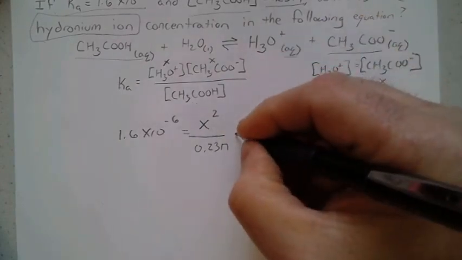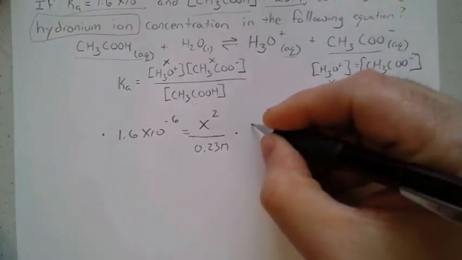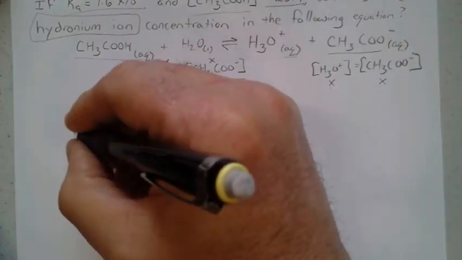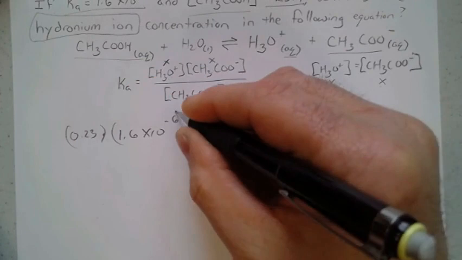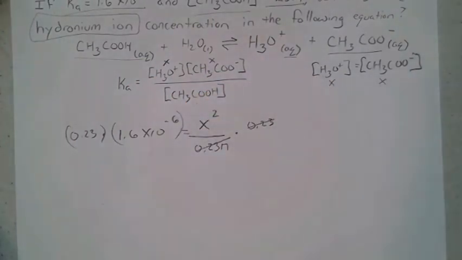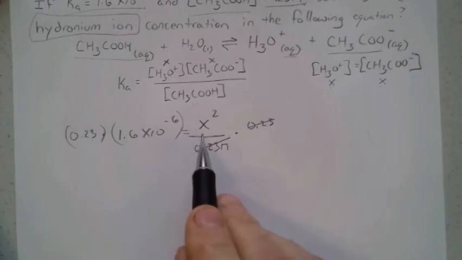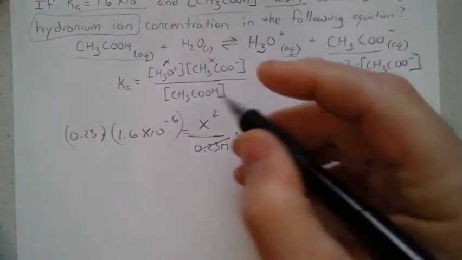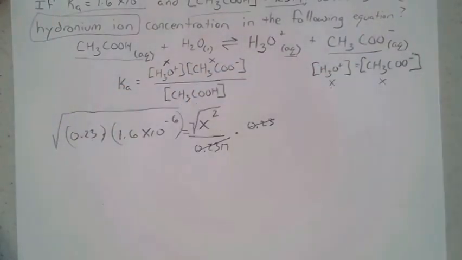I have to get rid of the 0.23, so I'm going to multiply both sides by 0.23. Those are going to cancel out, and those two times each other will give me x squared. I want to find just x, so I'm going to multiply those two together and then square root both sides.